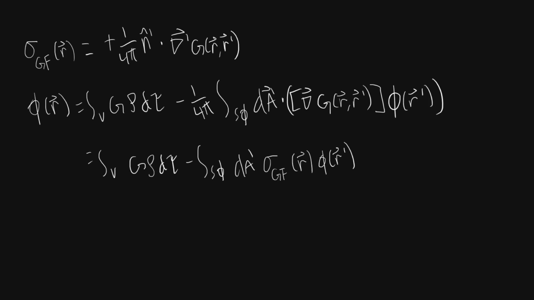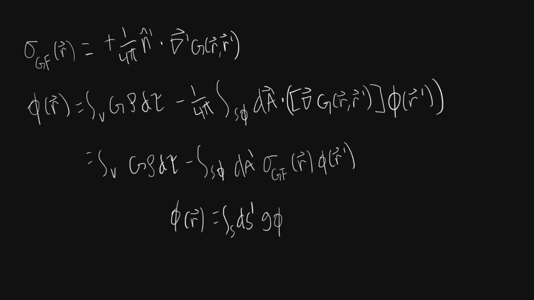So we haven't really done anything unique here yet, except this sigma is not a Green's function, but we can relate it back to chapter 3, where it talked about something called the surface Green's function, where it wrote that phi of r is equal to some integral over some surface ds prime, times a surface Green's function times phi.